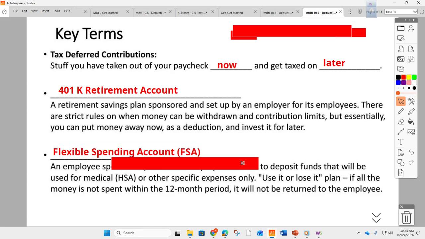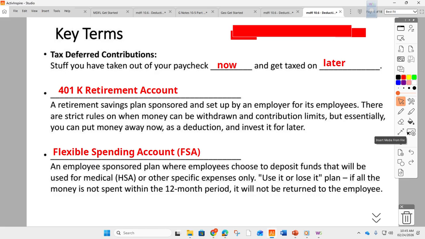And then this is a flexible spending account. Typically, it is set up for just medical expenses. So it's your money that your employer will deposit into an account for you, and you get to tell them how much you're going to deposit, and they don't tax you on it, right? You pay taxes on the items that you purchase, so the medical help.